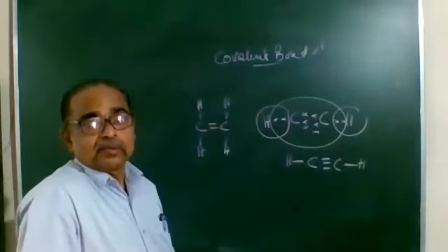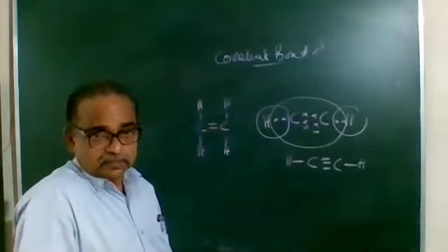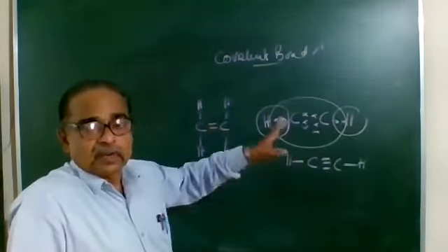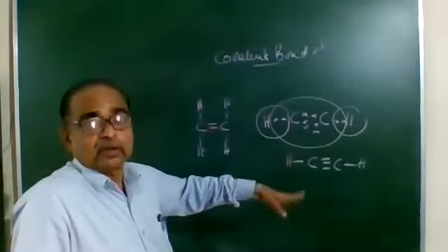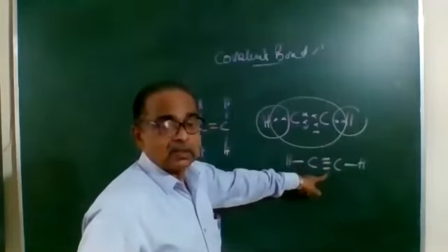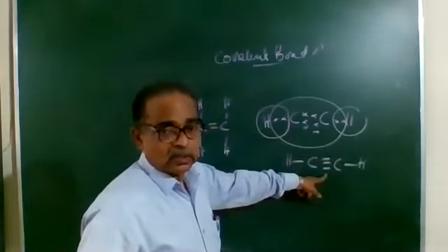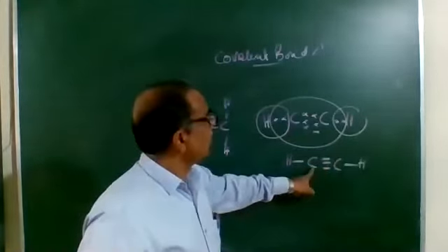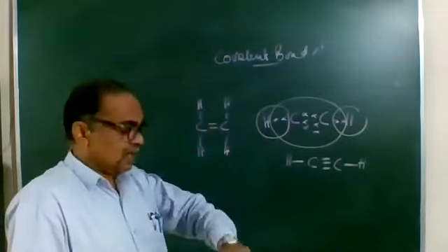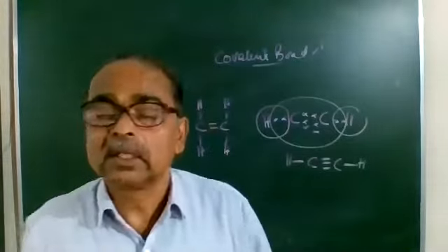Don't say that there are 5 covalent bonds. What do you need to say? Two single covalent bonds between carbon and hydrogen and 1 triple covalent bond between the carbon atoms. It is a triple covalent bond between the carbon atoms and a single covalent bond with hydrogen. And this is how the bonding is taken.